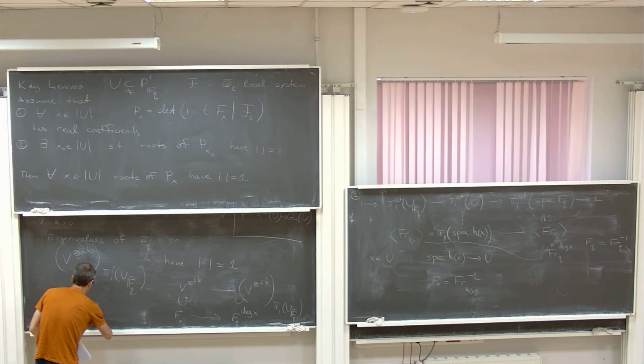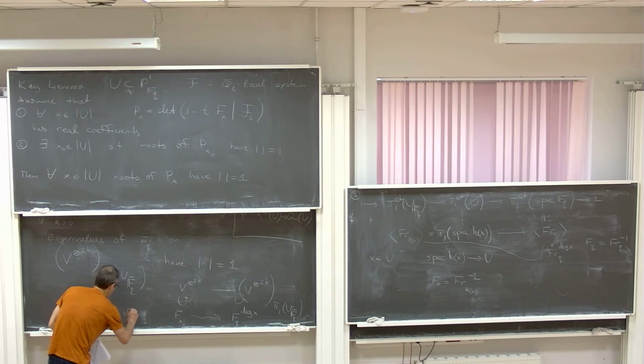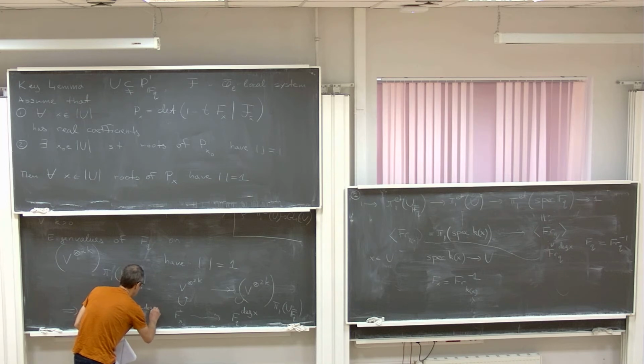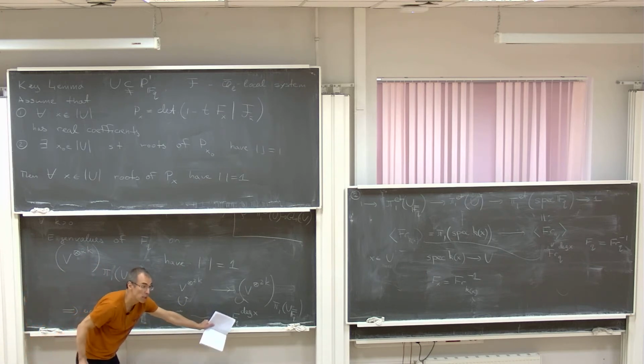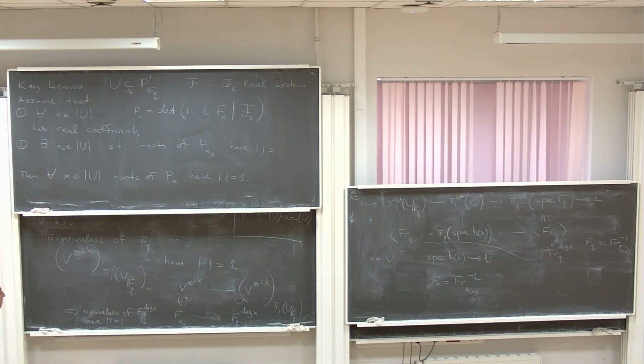the eigenvalues of Frobenius to the degree of x have absolute value equal to 1, right? And therefore the same is true for the Frobenius itself.